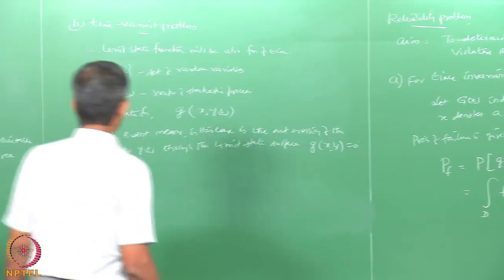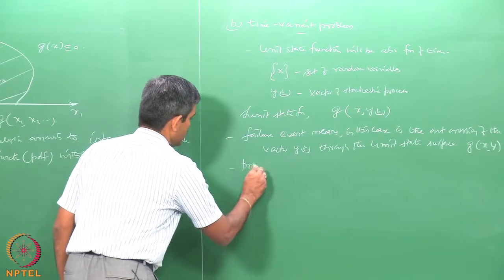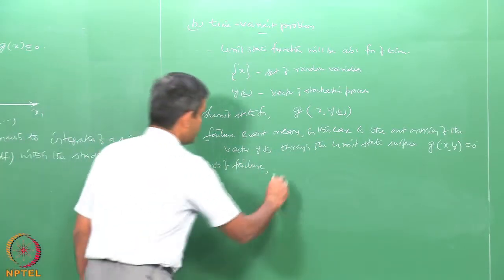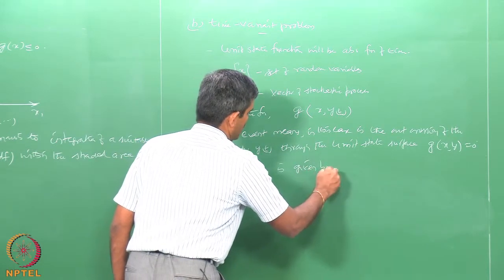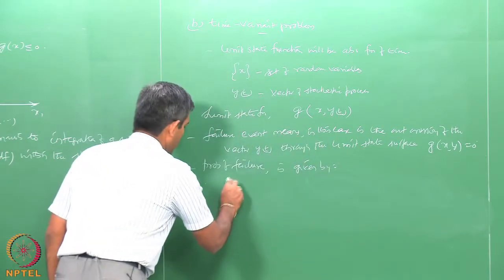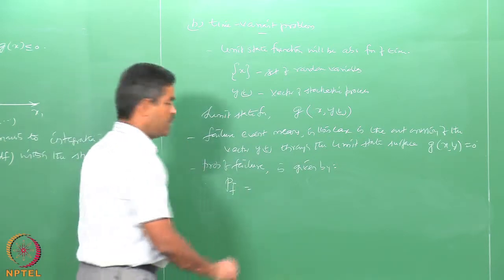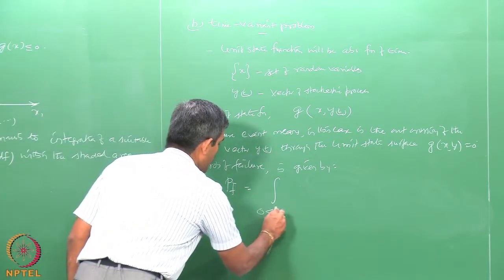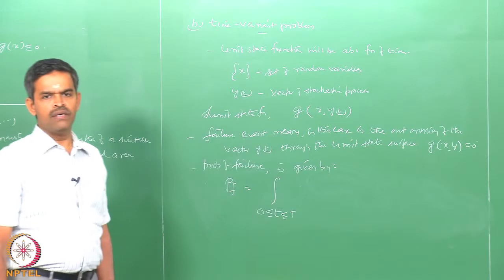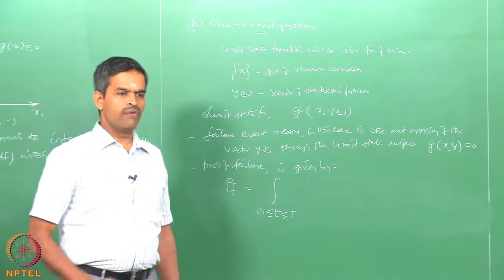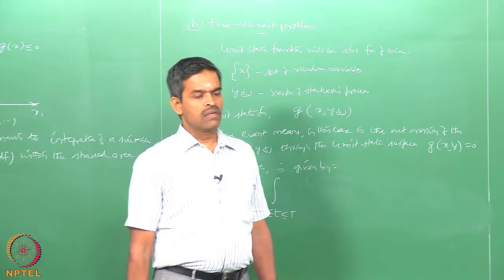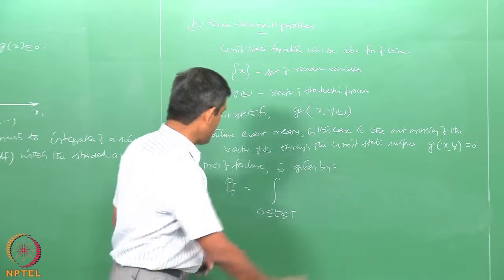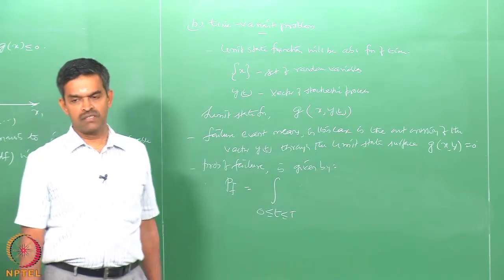So, the probability of failure in this case is given by the integral over the value of t between 0 and T. We have to set this up because I already said failure is defined as non-performance of a function over a specific period of time under specific conditions, is it not?